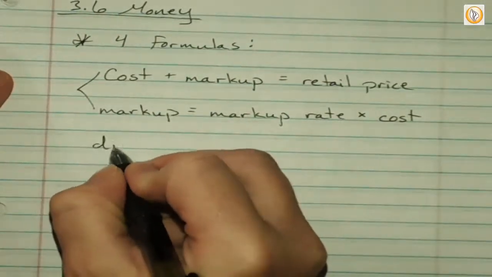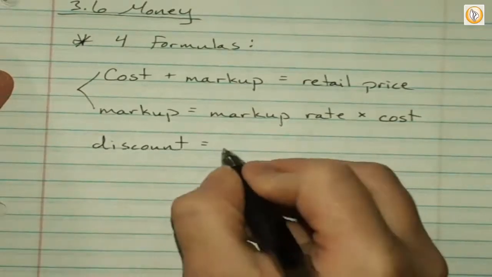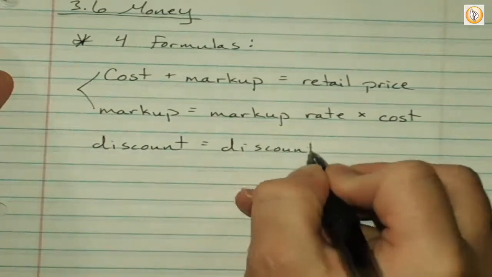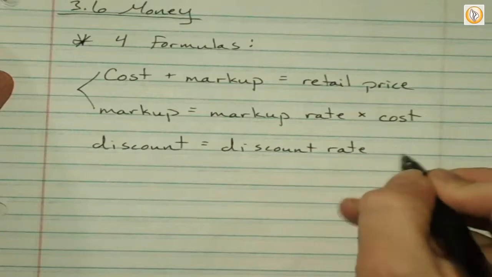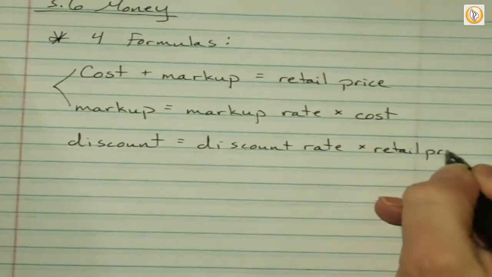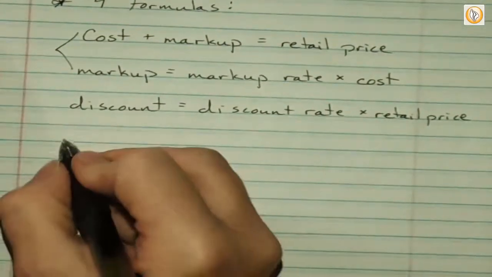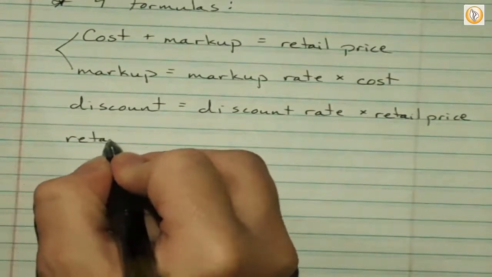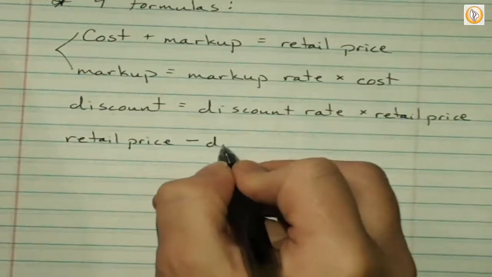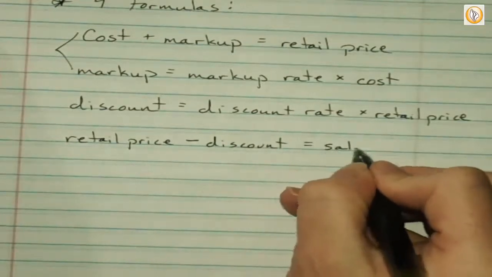The next one is discount. To get a discount, it's discount equals discount rate times retail price. And retail price minus the discount gives us the sale price.